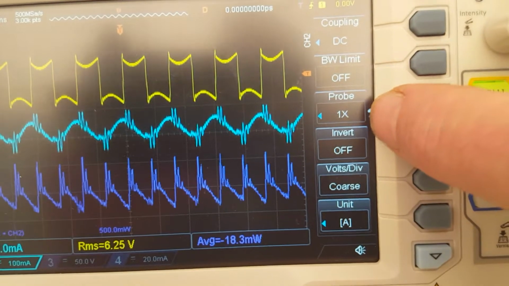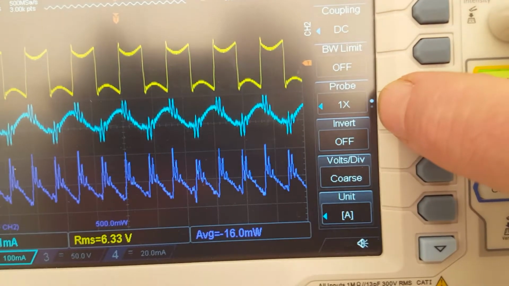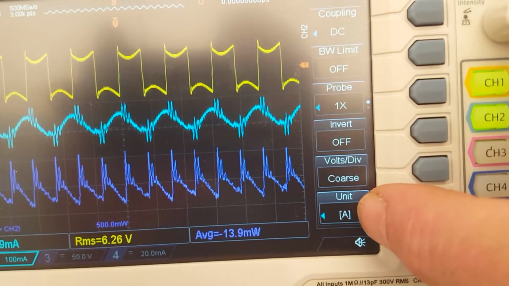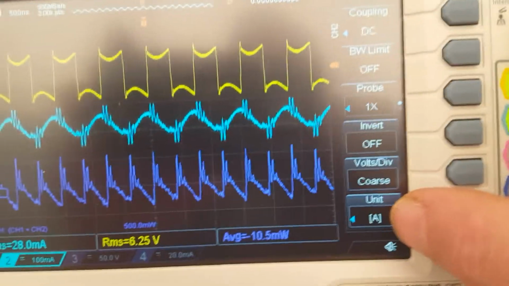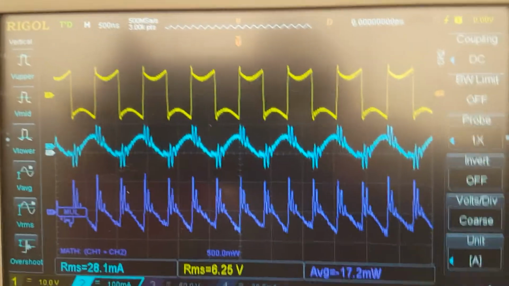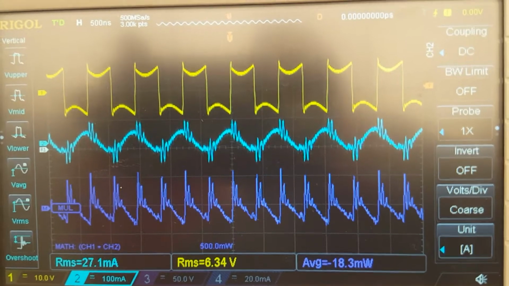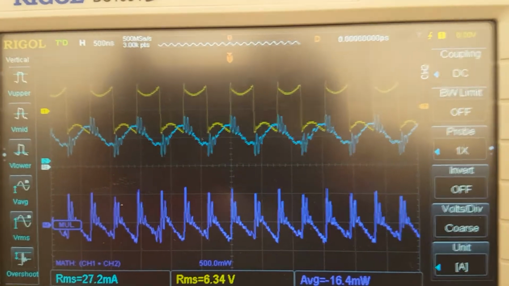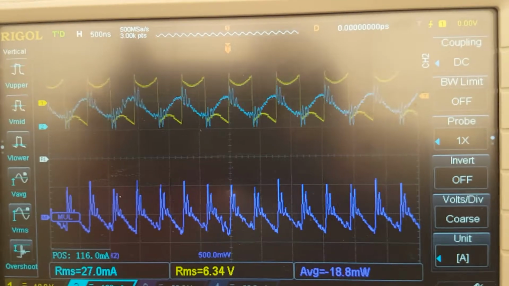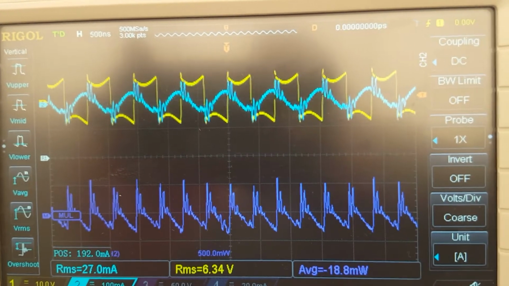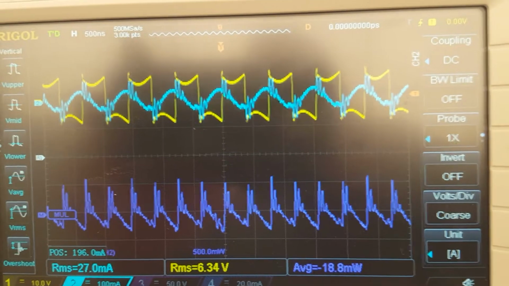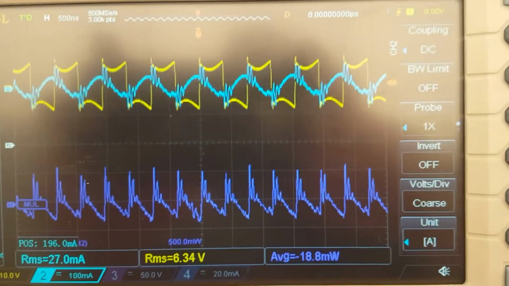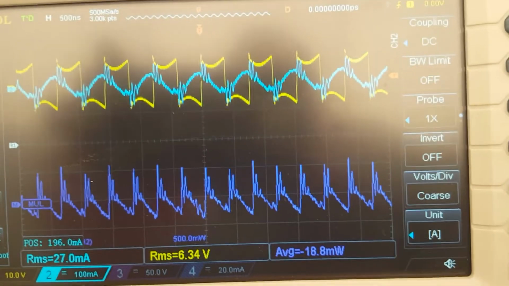I have set at 1 time, and I have that set up as amps. Now we can move this wave. You can see how those spikes hit it just right there. Okay, math.